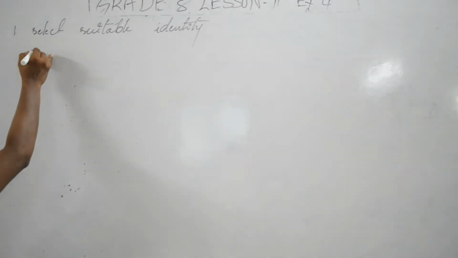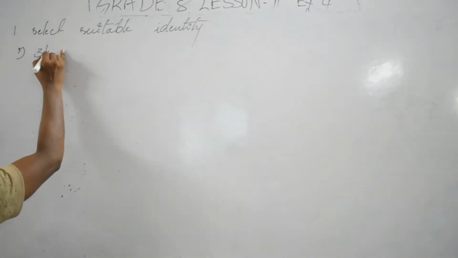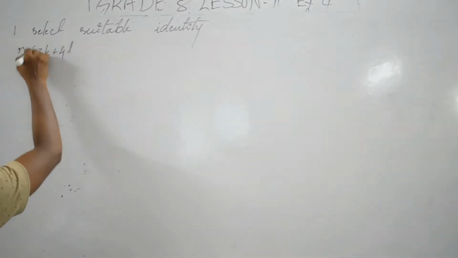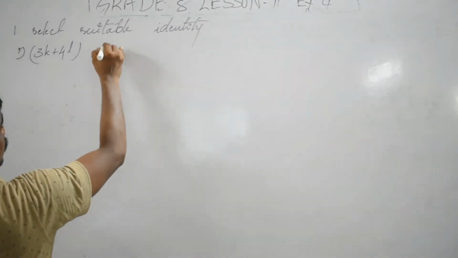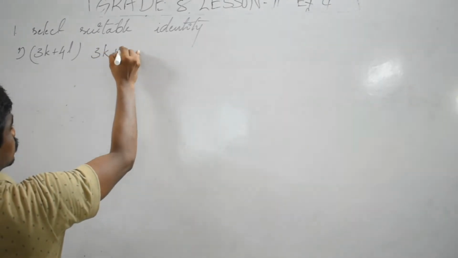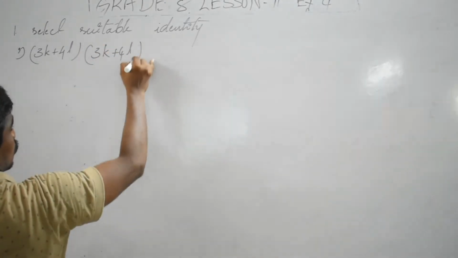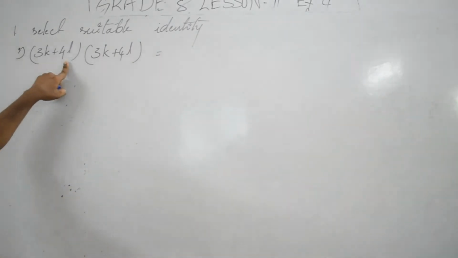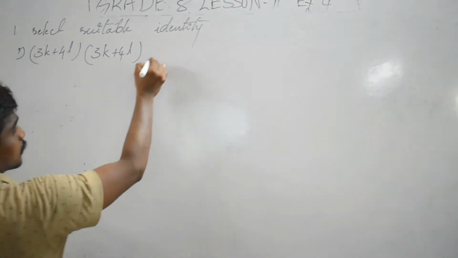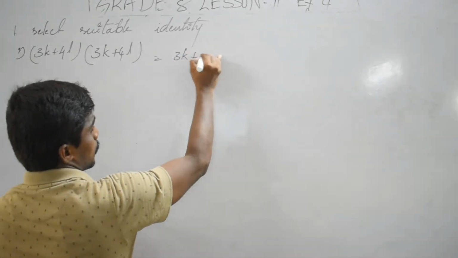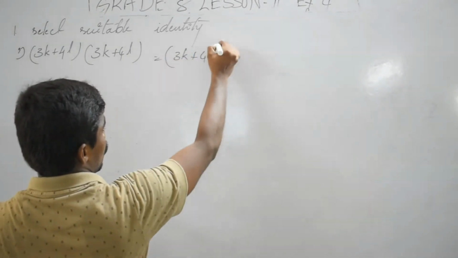So now here the first one is 3k plus 4l. See here, 3k plus 4l, 3k plus 4l, 2 times we are multiplying. So this one how to write? 3k plus 4l whole square.